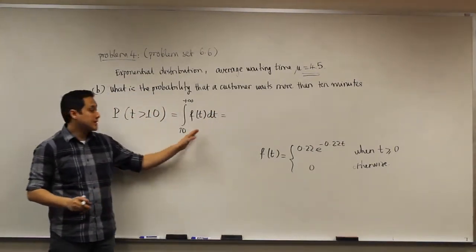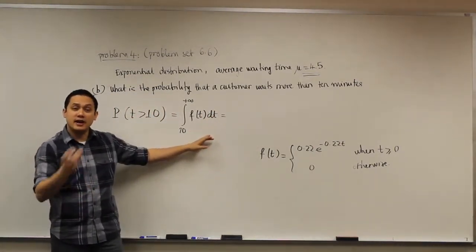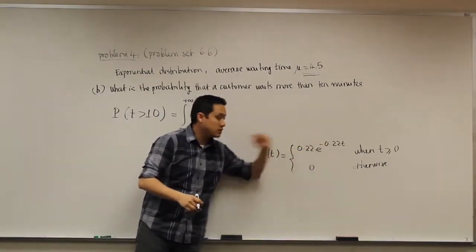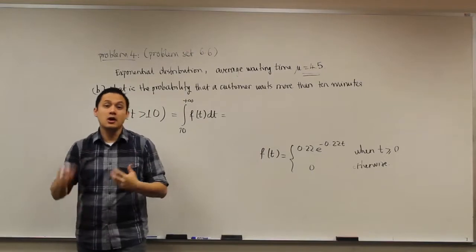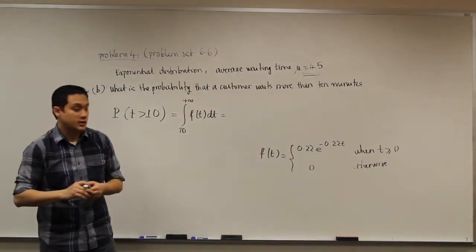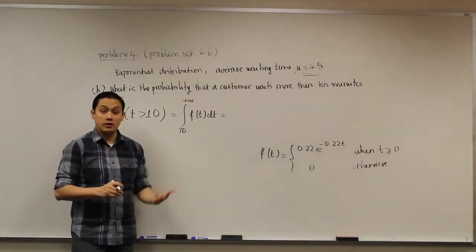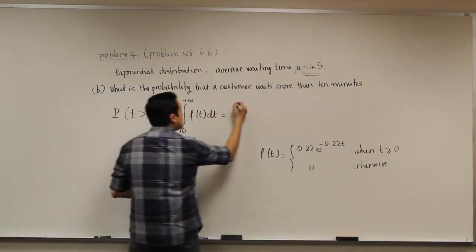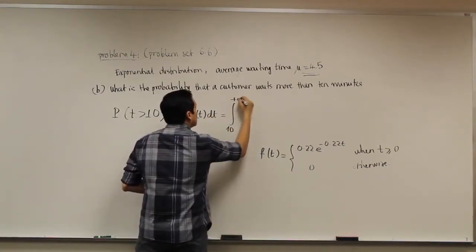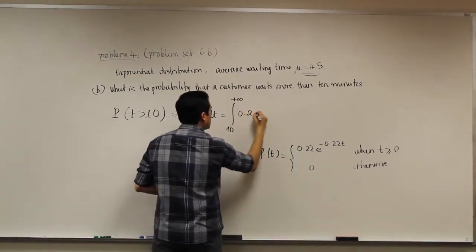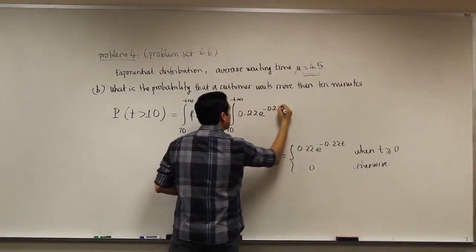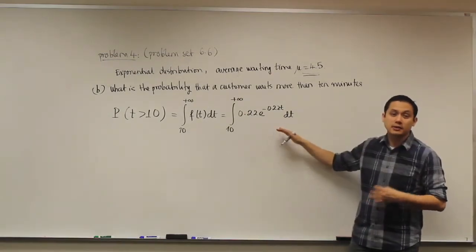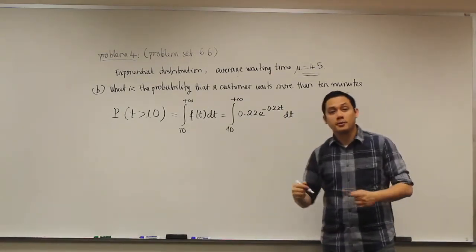And the probability density function we already found in part A, which is equal to 0.22 times e to the negative 0.22t when t is greater than or equal to 0 and f of t equal to 0 otherwise. So we're going to substitute that into the integral. We have 0.22 e to the minus 0.22t dt, and from here the job is to calculate the value of the improper integral.